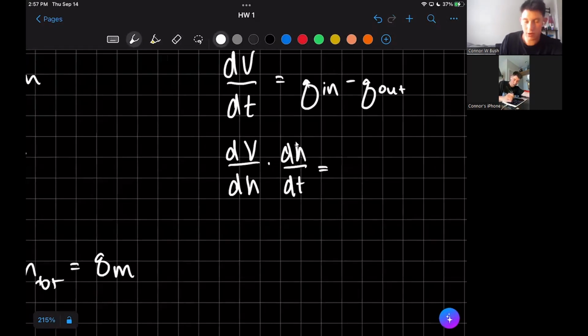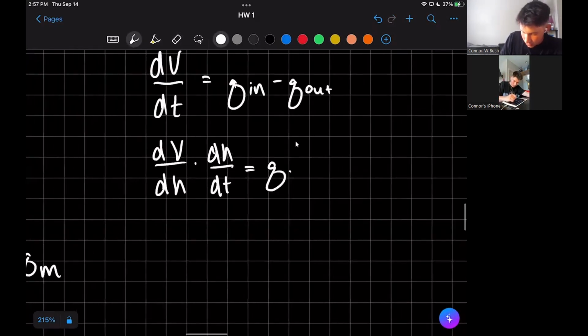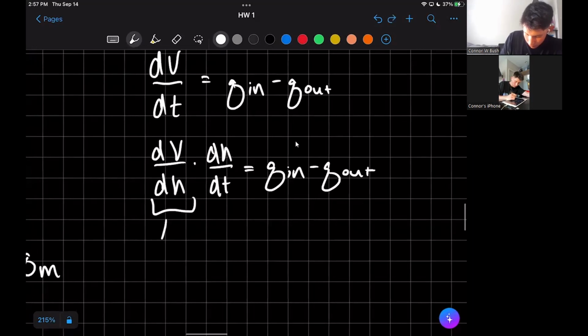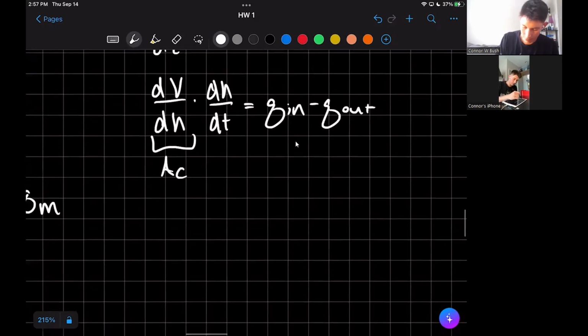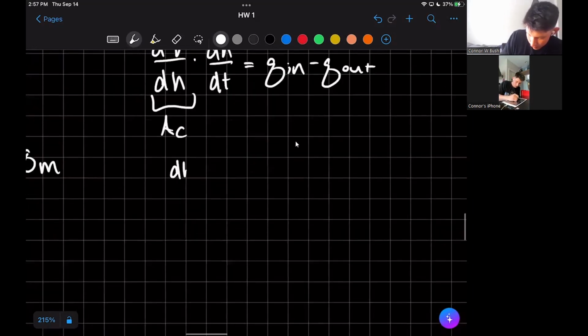And then also, obviously, this is equal to the difference in the flow rates. We're going to call this portion here AC, which we will derive an expression for momentarily. But for now, we're going to simplify this expression.